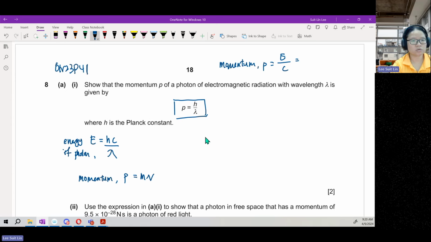I guess we can use this, because then I can put in hc over lambda divided by c. So this is h over lambda.